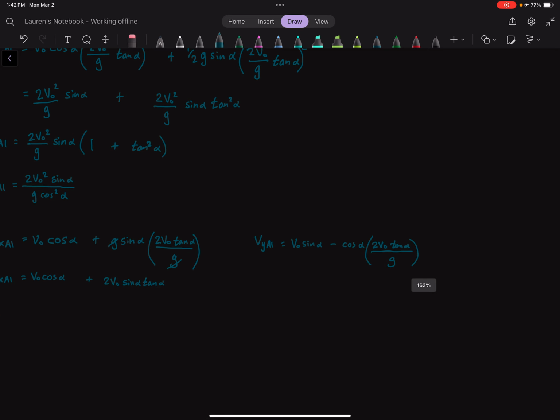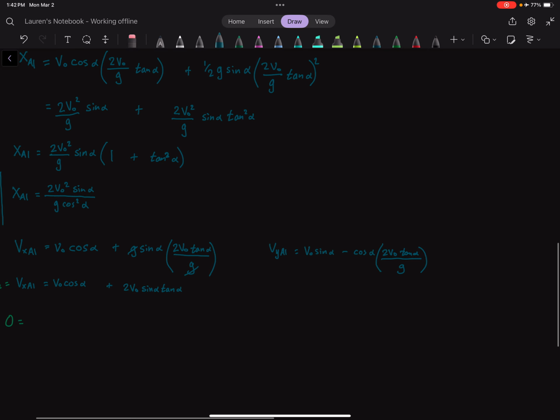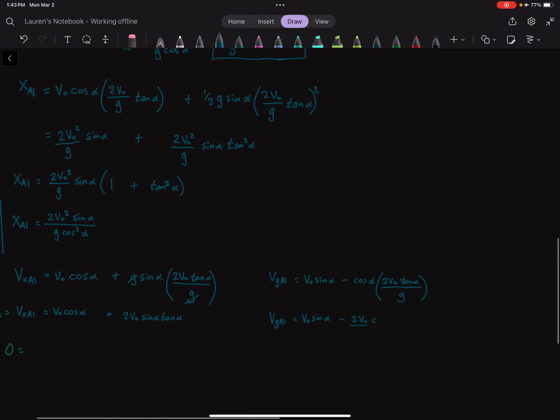Can this simplify? Not too wonderfully. So we say Vy(a1) equals v0 sine alpha minus 2v0 over g. Did I lose my g? I lost my g.